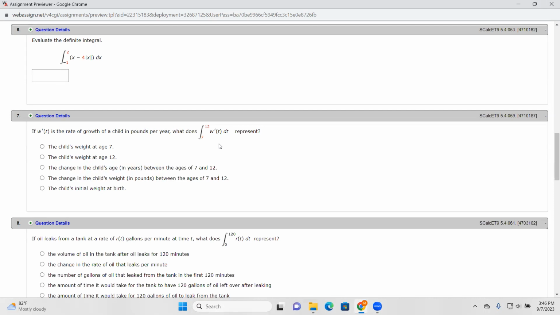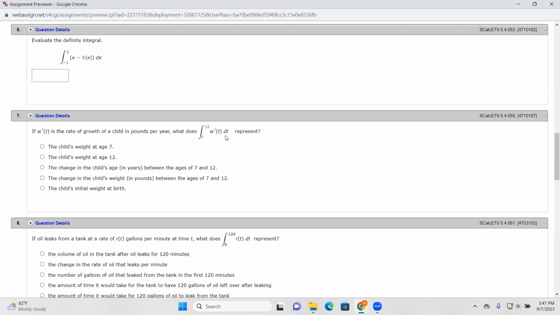Now, the second thing to keep in mind is the units on the area associated with this region. If w prime is our function measured in pounds per year, and our time unit is measured in years, each rectangle of our Riemann sum would have a height of pounds per year and a width of years. So if you take pounds per year times year, looking at this w prime times dt, right?